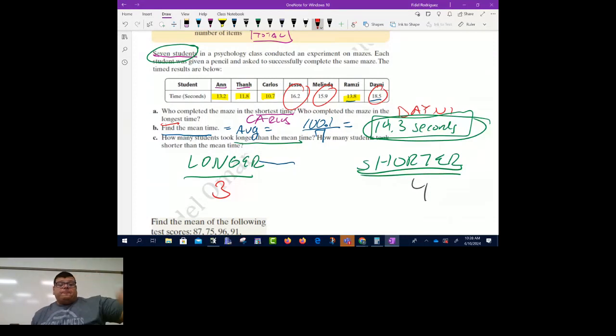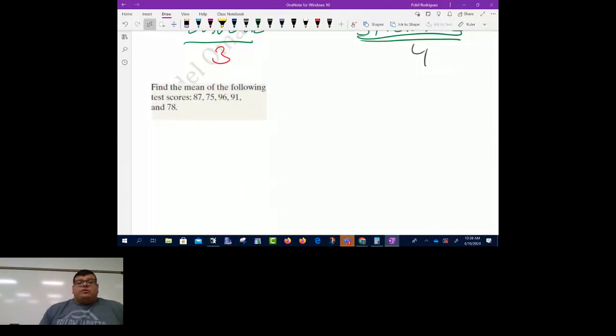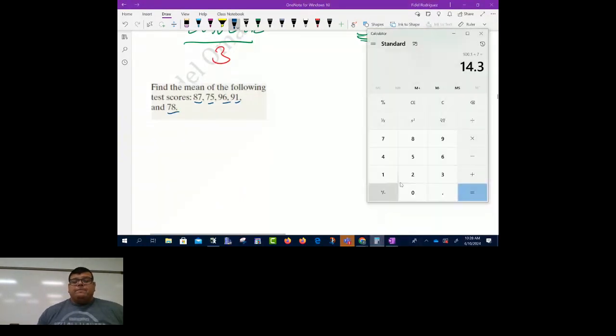All righty. Y'all, the next part here says, can we find the mean of the test scores? Again, y'all, all we're going to do is take our numbers and add them together. All right? So let's try that. Let's take 87 plus 75 plus 96 plus 91 plus 78.